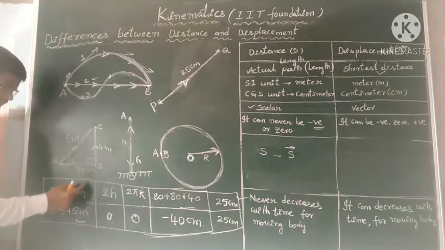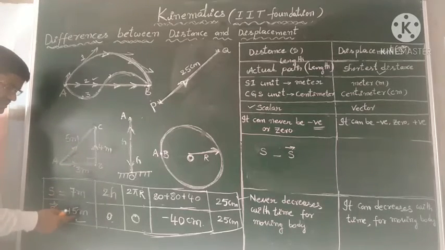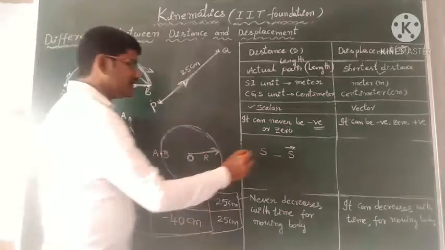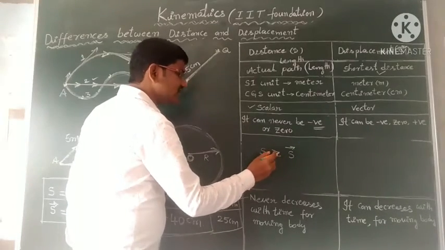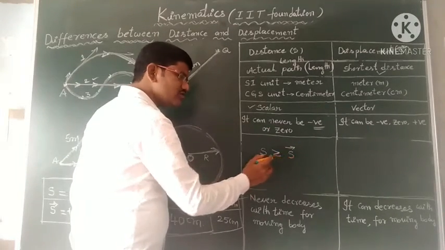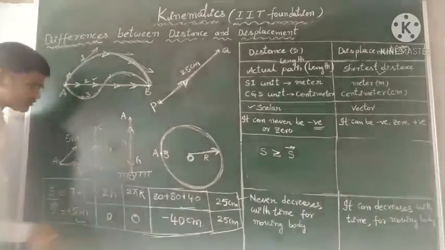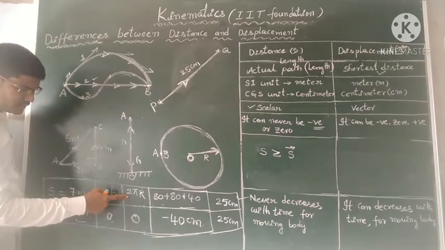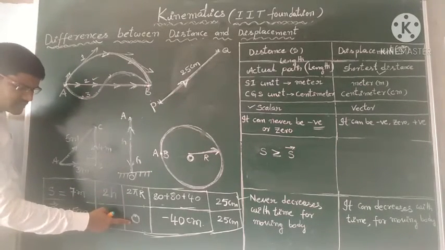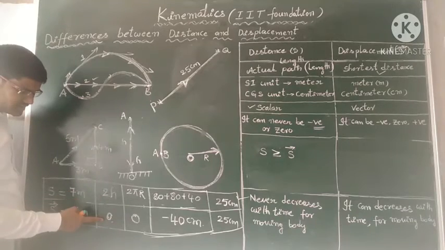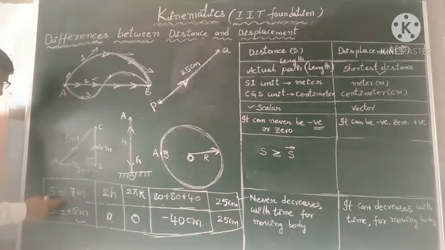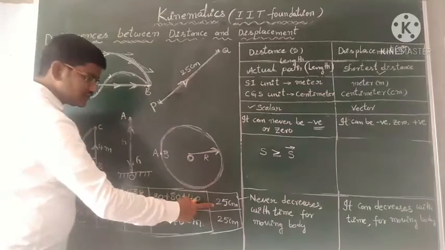Distance is 7 meters. So distance is greater than displacement. Either distance is equal to displacement or it is greater. In any situation you see, distance is more, displacement is less.